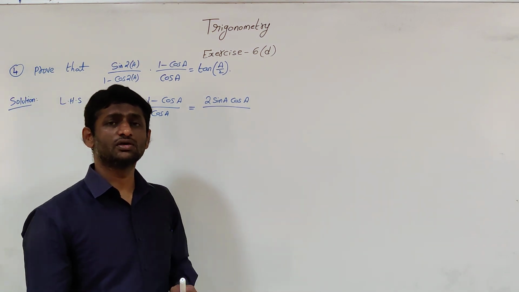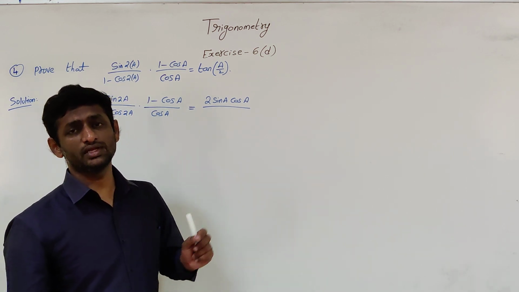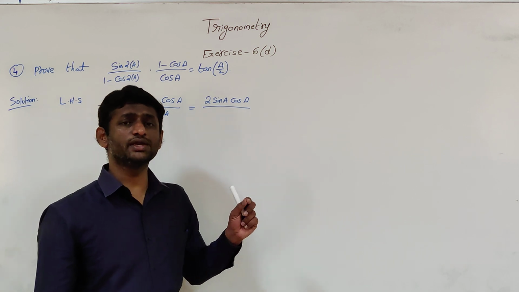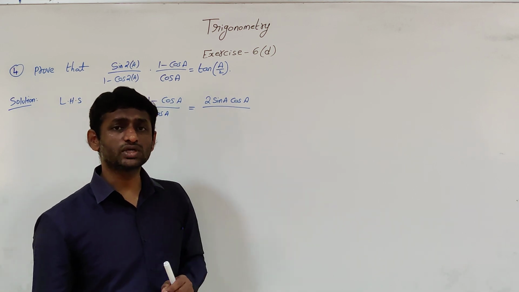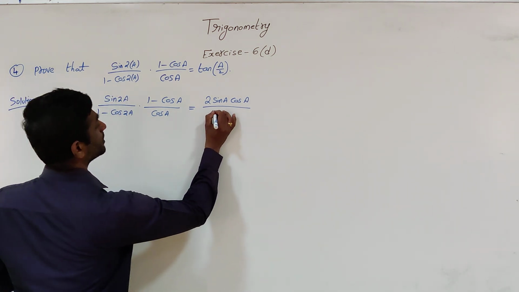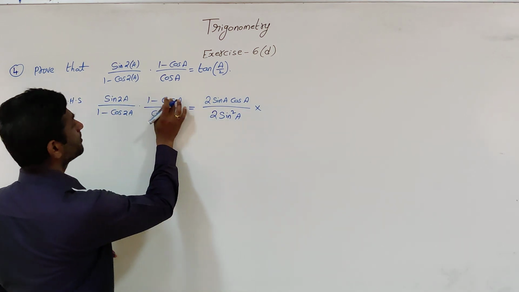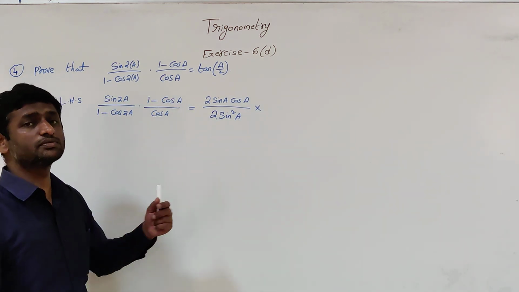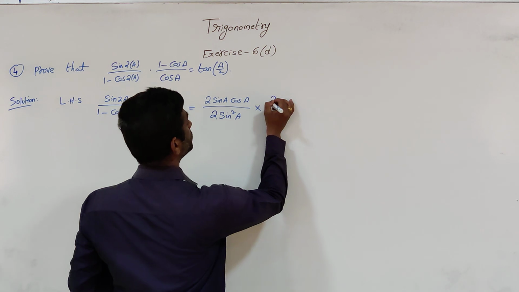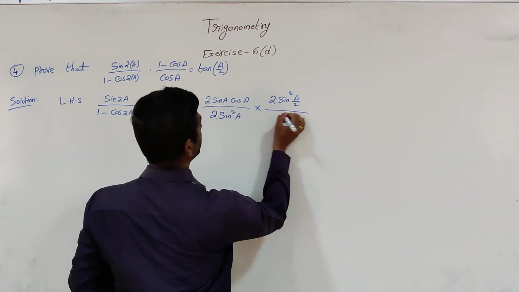We have seen that 1 minus cos 2a is 2 sin square a, because cos 2a is 1 minus 2 sin square a. So 1 minus cos 2a will be 2 sin square a, into 1 minus cos a in terms of half angle. It is 2 sin square of a by 2 by cos a.